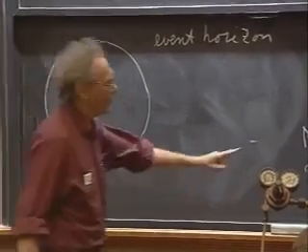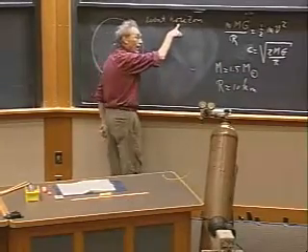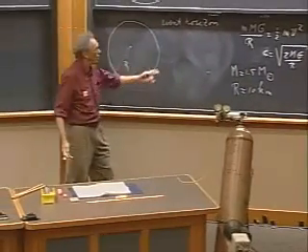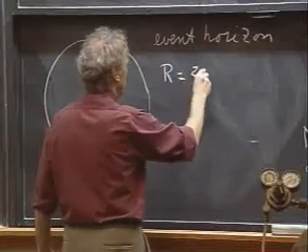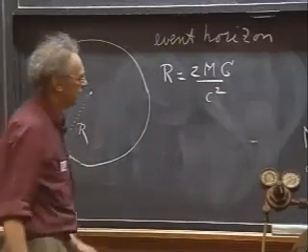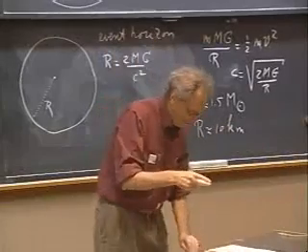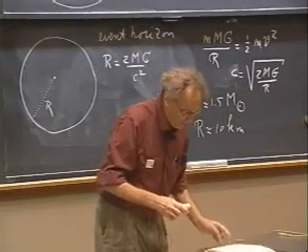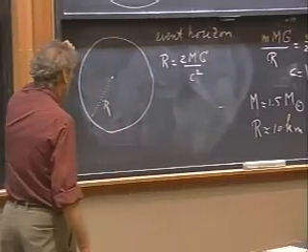I wouldn't want to call it the radius of the black hole, but the radius of the event horizon, r, which is then 2MG divided by c squared. If you are closer to the black hole, the escape velocity would be larger than c, which is not possible.